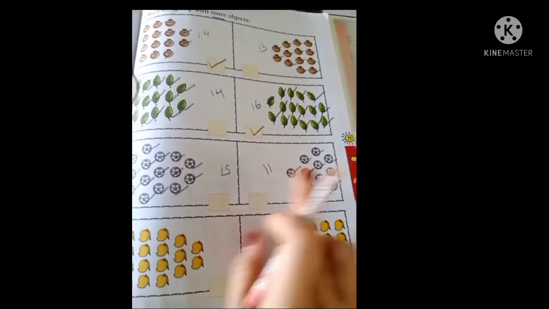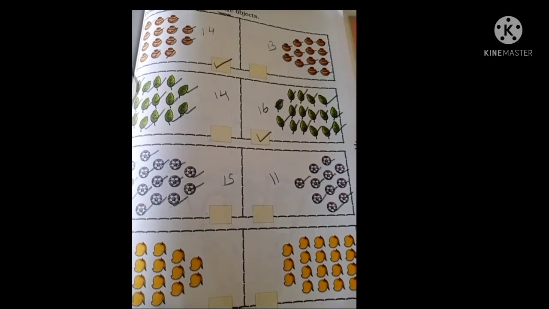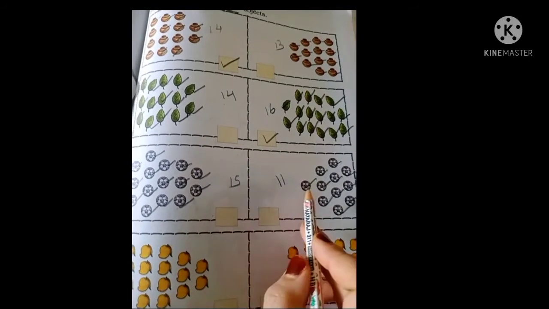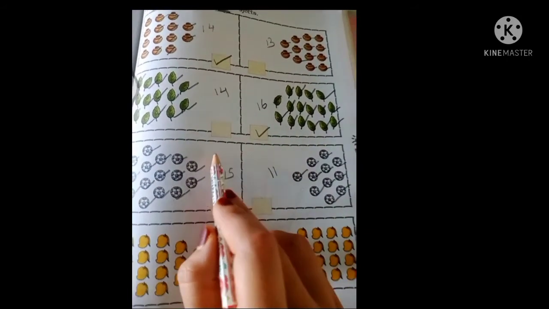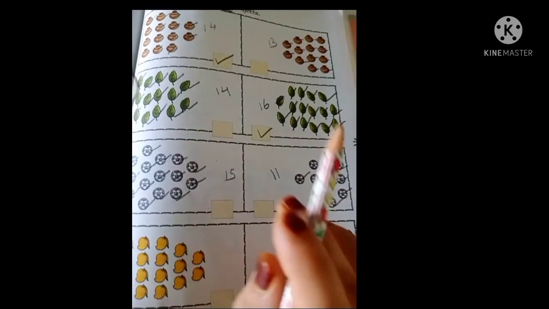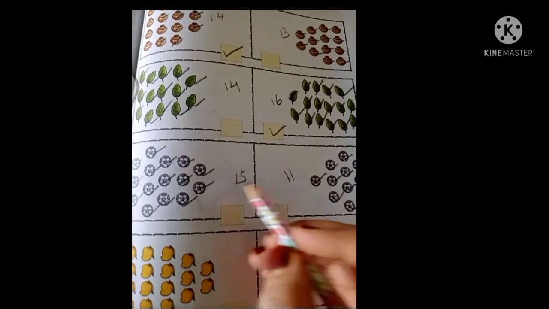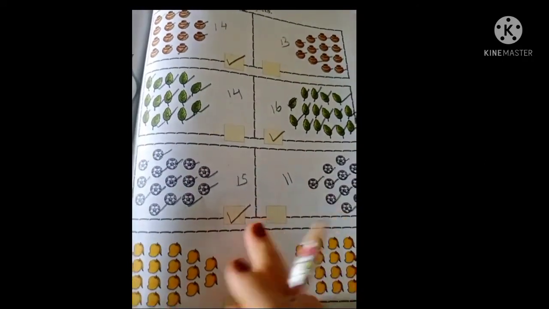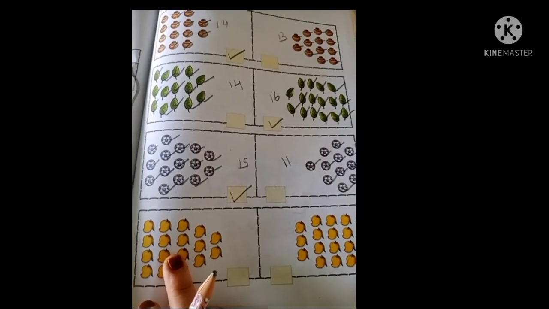So here 15 and here 11. Among these two groups, which one has more objects, students? Who has more? Yes, after 11, 12, 13, 14 and 15. So this group has 4 more balls, so we have to tick over here as this group has more objects.